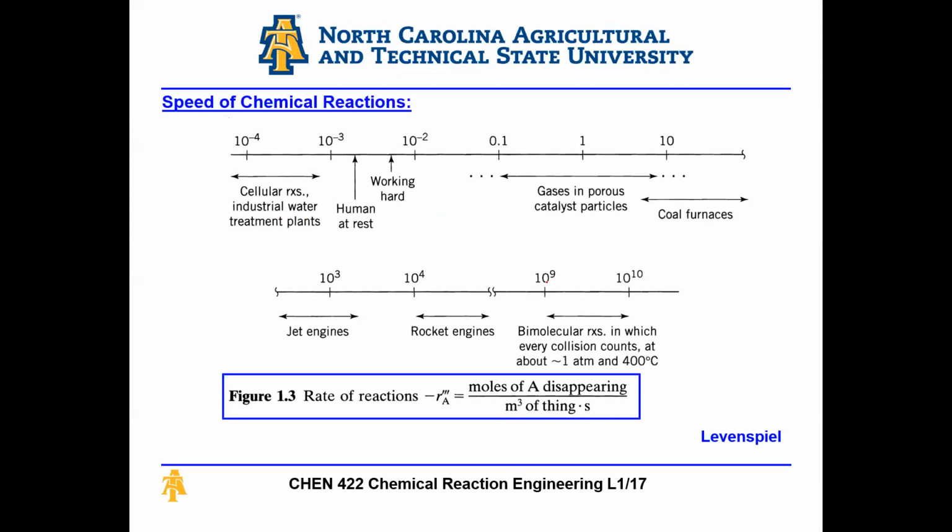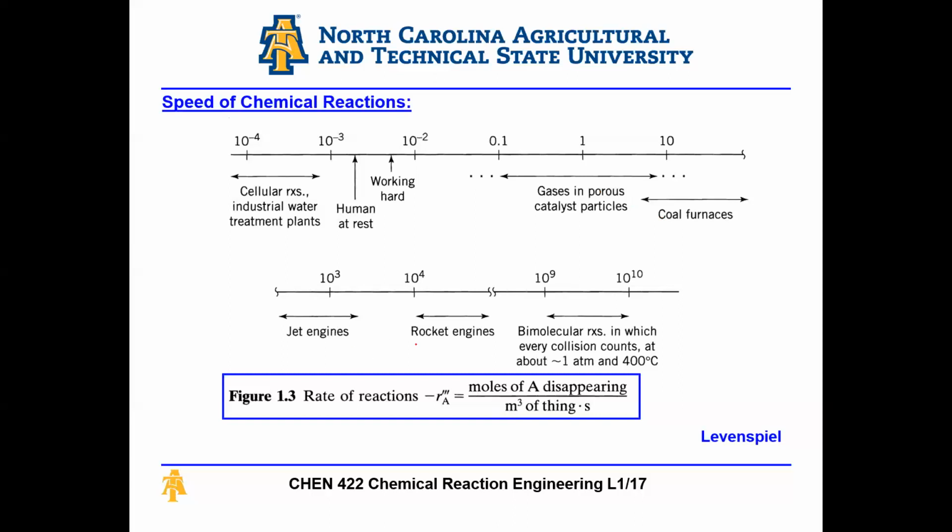In other cases, for example in catalytic reactions in oil and gas or in polymerization, the reaction time is less than a second. You have a big reactor, but you want the reaction to occur in 1 second. In oil and gas, or in a coal furnace, you want the reaction to happen quickly.